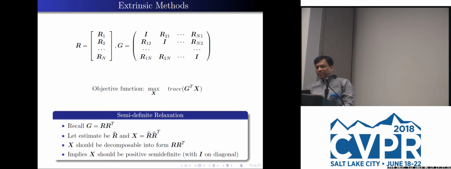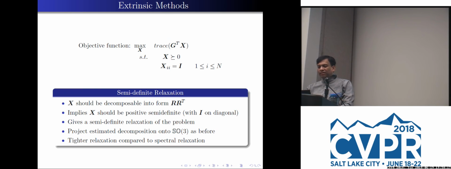Then there is the semi-definite relaxation, which simply says, if I take the estimate of R, I can write a matrix X, which should be of this form, and it should be positive semi-definite by construction.